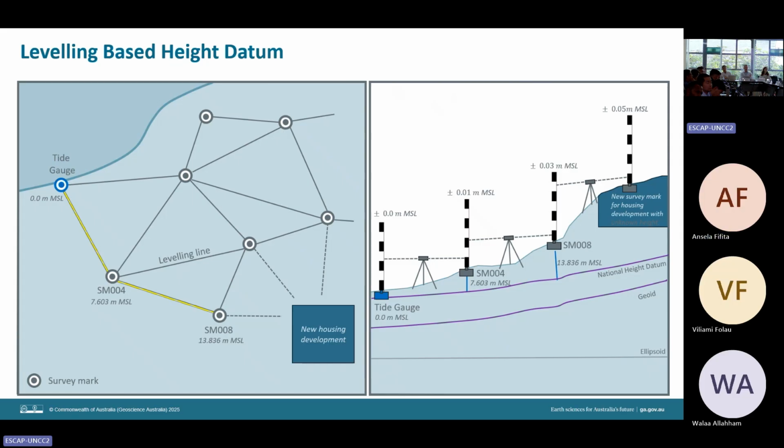And the control hierarchy is typically composed of both primary and secondary baselines, where primary first order lines tie in the tide gauge and national benchmarks to a very coarse network. And then secondary, second order lines densify the network, specifically around towns and critical infrastructure.